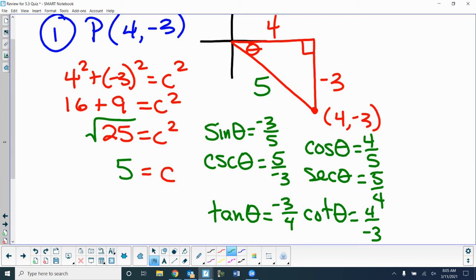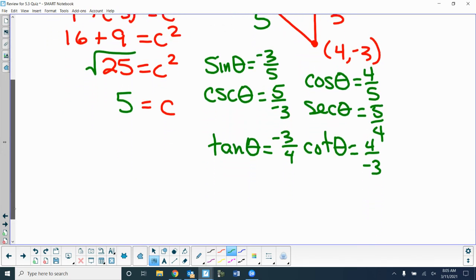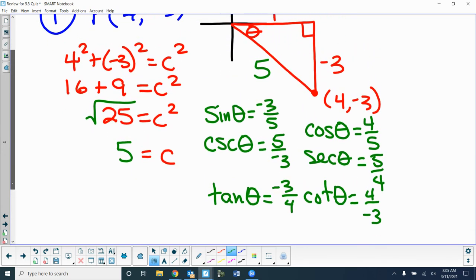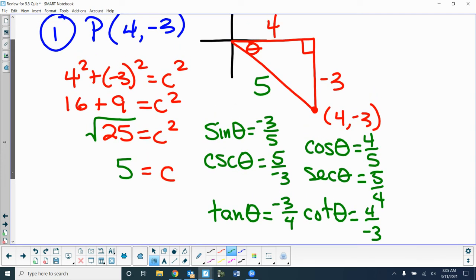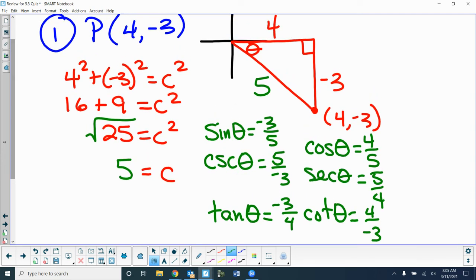Questions? Simple. All right, number 2 is just like it, just giving you different numbers. Question? The sine of 4 over 5. Okay, again, for sine, it's opposite over hypotenuse. So from here, opposite over hypotenuse, that's how we got that.